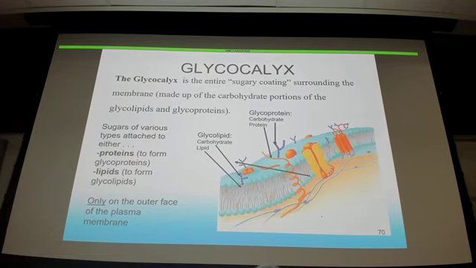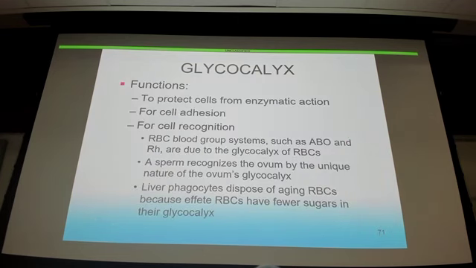Collectively, we call that the glycocalyx, the sugary coating that surrounds the cell. Right? So if you looked at a glycocalyx on a cell, you would see you have a bunch of glycolipids and glycoproteins, these carbohydrate groups that are out here. Like I said, they're only on the outside, and what we're going to use these for is cell identity, but because it's a sugary coating, it also helps them to not stick together, which sounds funny because we want cells to stay together, right?